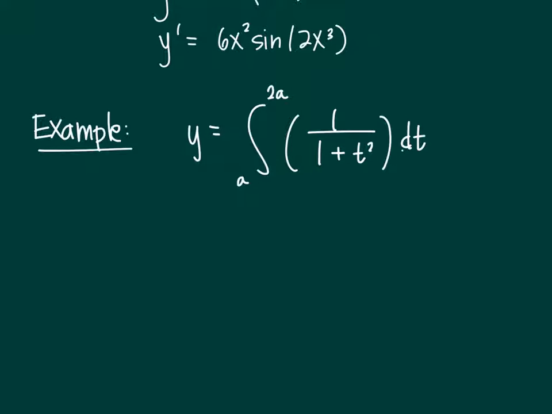Again, if we had normal bounds, like 1 to 7, then go ahead and do it the other way and actually do the literal antiderivative. But we don't. In this case, both of our bounds are an expression rather than a constant, and so we want to get rid of that integral.